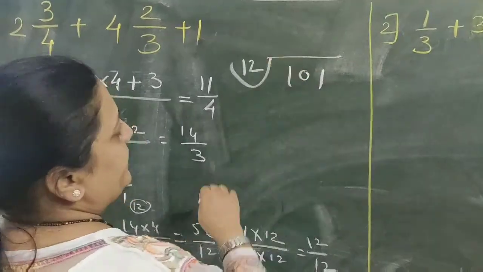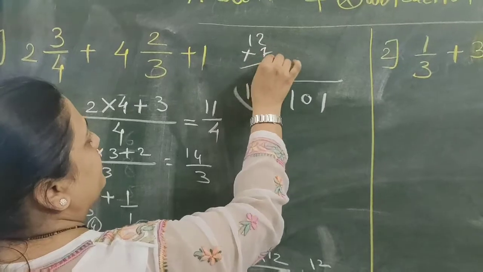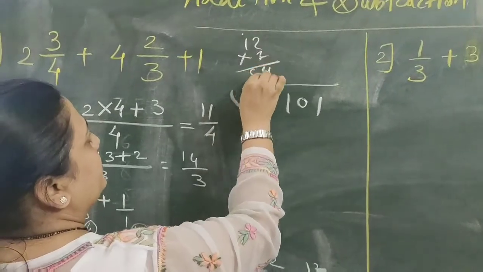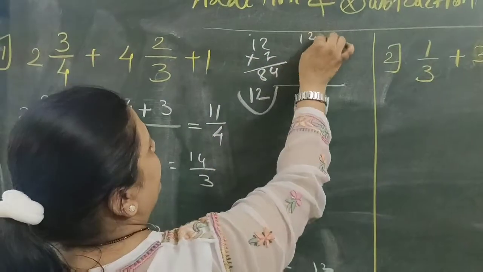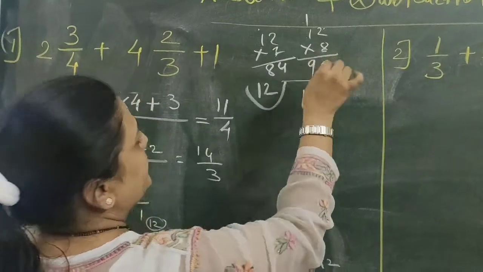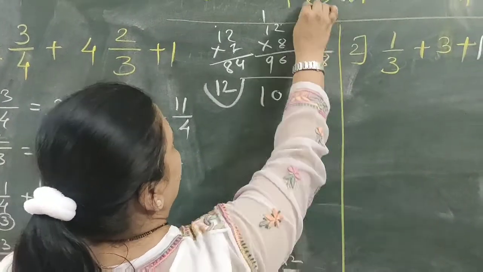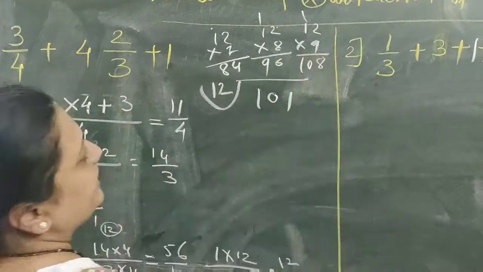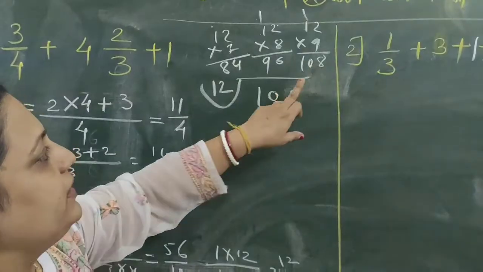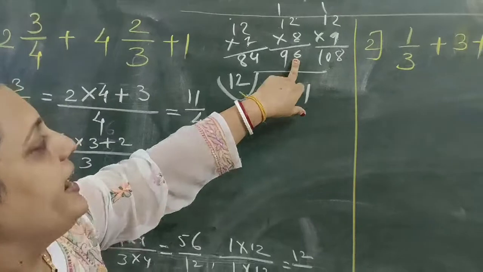Then which number do we divide? 12 into 8 is 96. If we take 12 into 9, it is 108, which is more than 101. So we will take 8.